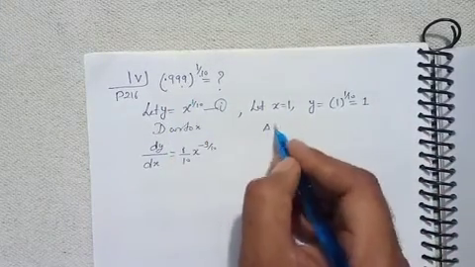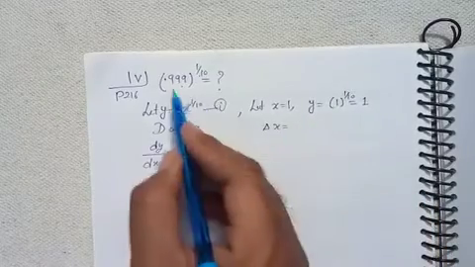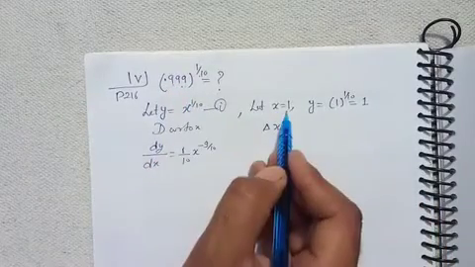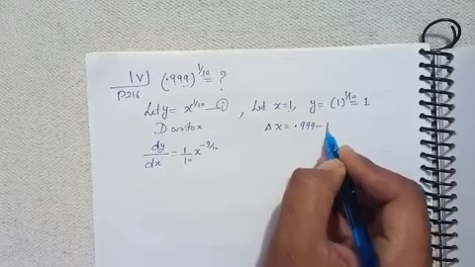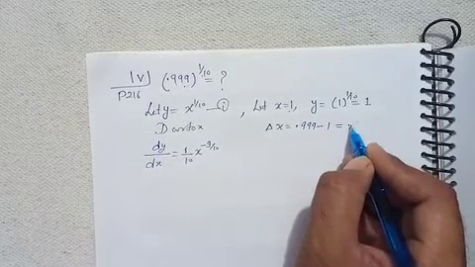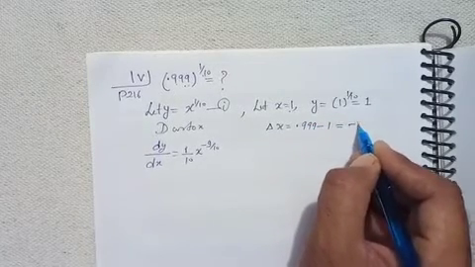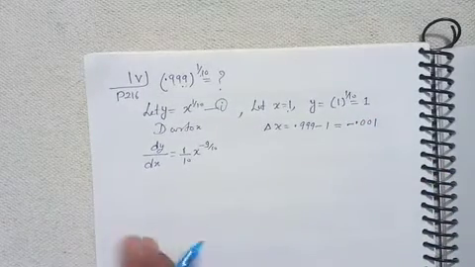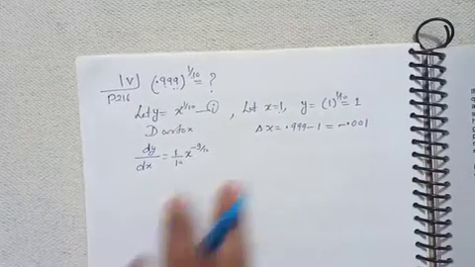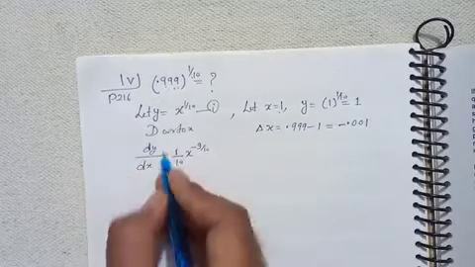So what is delta x in this case? This number minus x, it means 0.999 minus 1, which is negative 0.001. This is delta x.